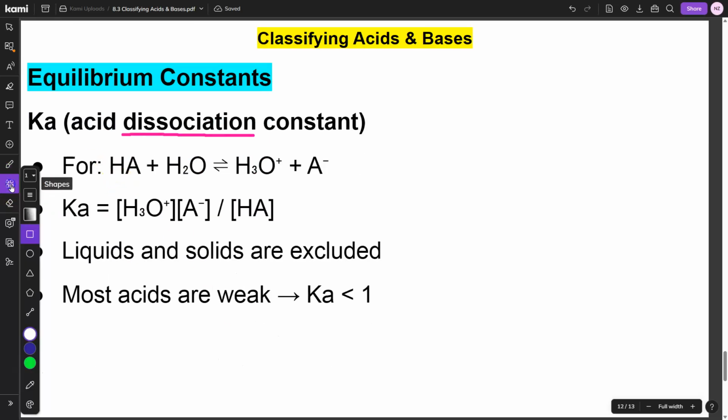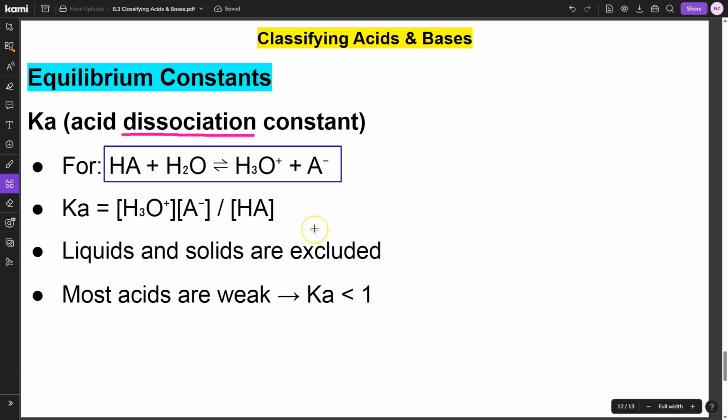Now here, this is the general format for an acid dissociating. You'll have HA, comprised of a hydrogen and a conjugate base, which is going to be our A. You've got water in solution, so it's going to dissociate.